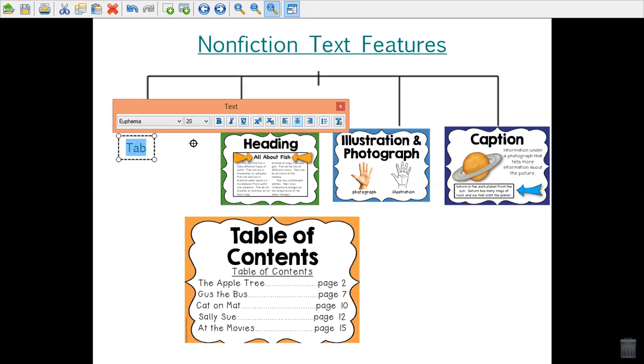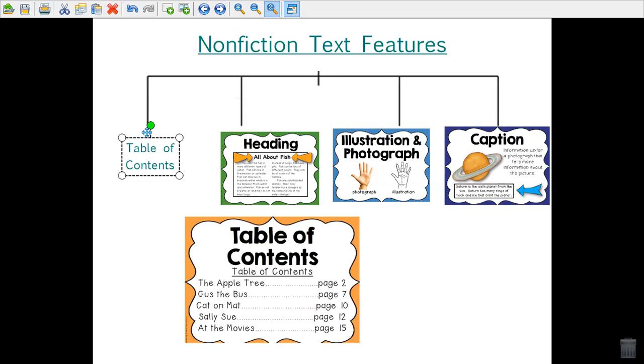So table of contents. That's our very first branch, okay? So anytime that Miss Owens is going over or teaching you about a new text feature, we are going to write the letters in bold as our title.